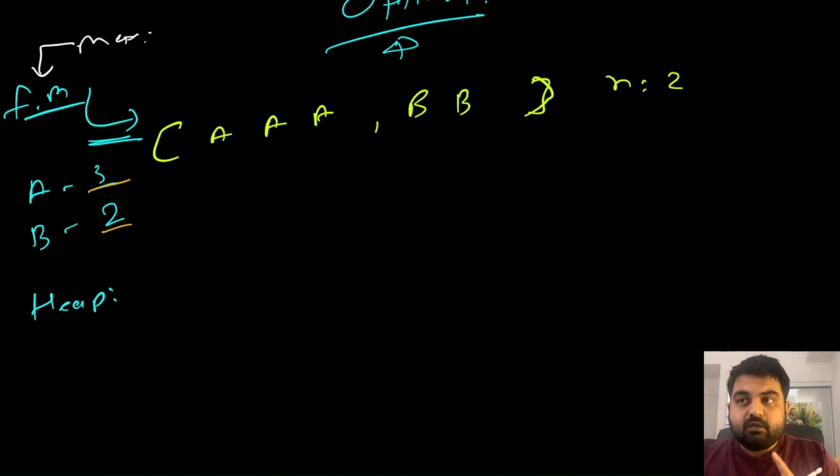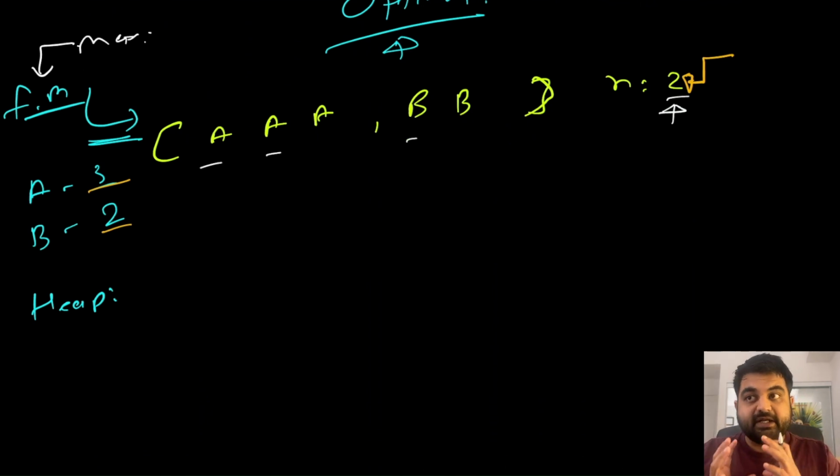Now one more logic I'm suggesting is to understand what this n represents. Basically, this n simply represents how many computations we can do back to back on separate characters during any particular interval. But the interval size has to be n plus 1.